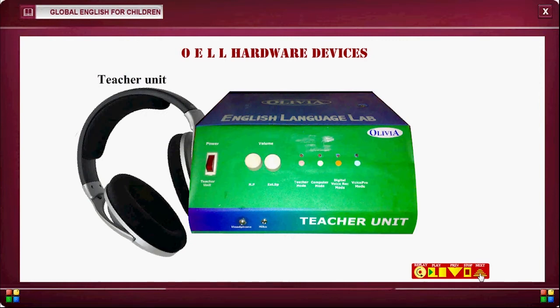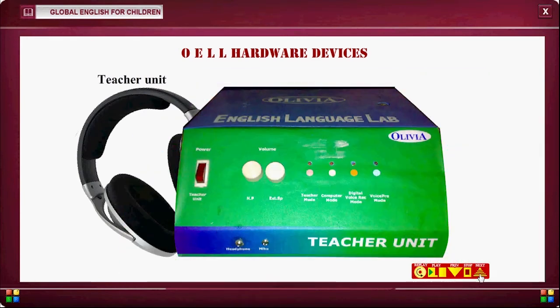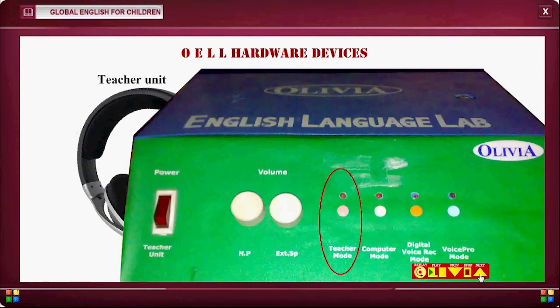Teacher unit. This is the controlling unit operated by the teacher. It has 4 operation modes. Teacher mode. This mode is used when the teacher speaks to the students. Computer mode. This mode is used when the students listen to the digital voices in the software.